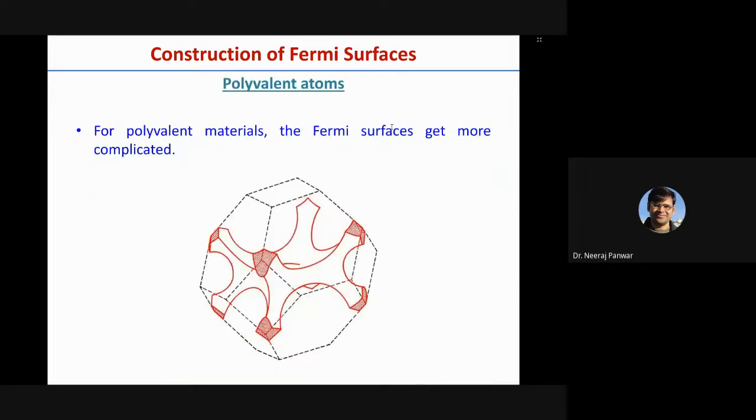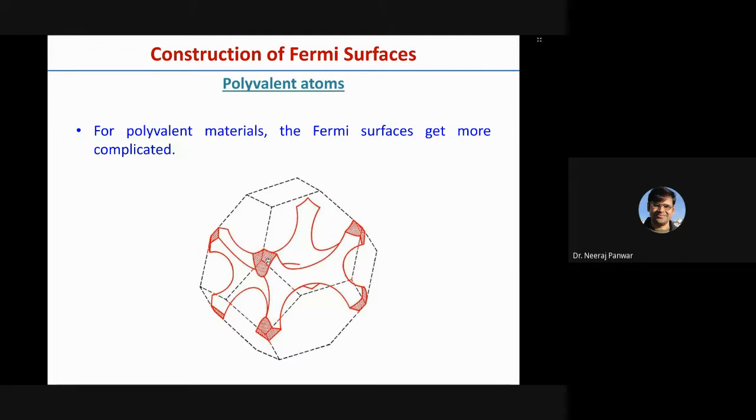If we go to the polyvalent atoms like aluminium or higher group elements, we see the Fermi surface becomes more complex. For some of the polyvalent materials, this is the shape of the Fermi surface, and it is in no case similar to a spherical Fermi surface.